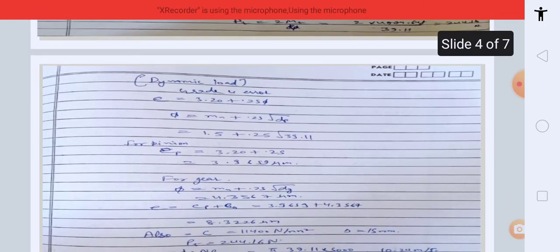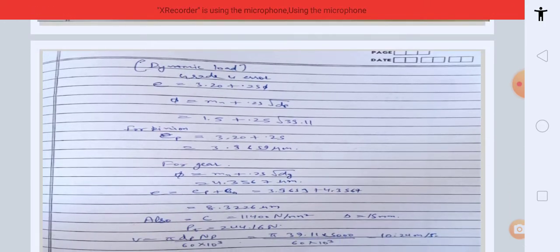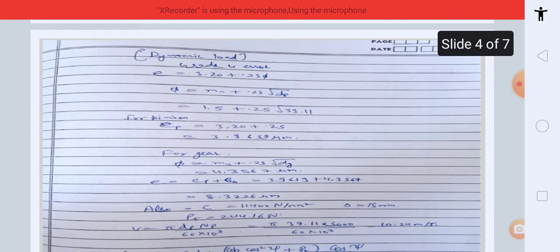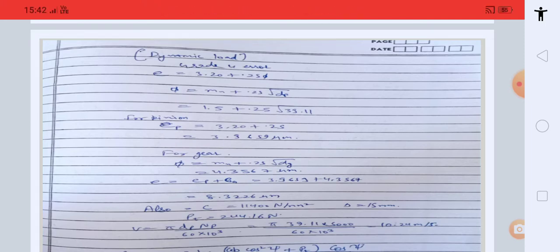Now the next step is to calculate the dynamic load. For grade 4, the error e is given by 3.2 plus 0.25 phi, where phi is equal to mn plus 0.25 root dp. So we calculate 1.5 plus 0.25 under root 39.11, which is the pitch circle diameter for the pinion.